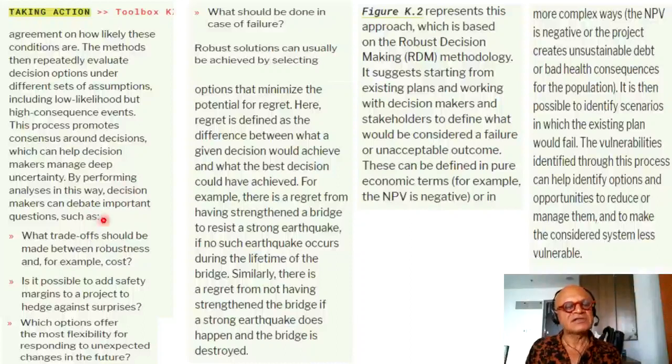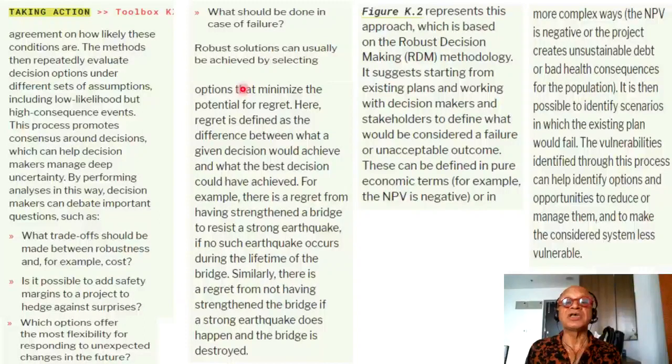By performing analysis in this way, decision makers can debate important questions such as what trade-offs should be made between robustness and, for example, cost. Is it possible to add safety margins to a project to hedge against surprises? Which options offer the most flexibility for responding to unexpected changes in the future?